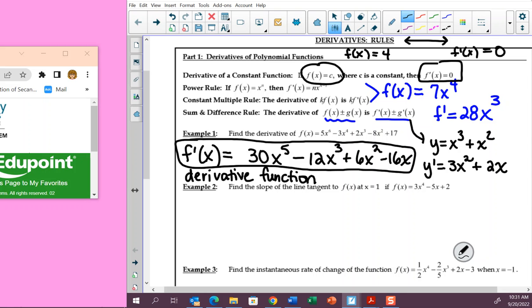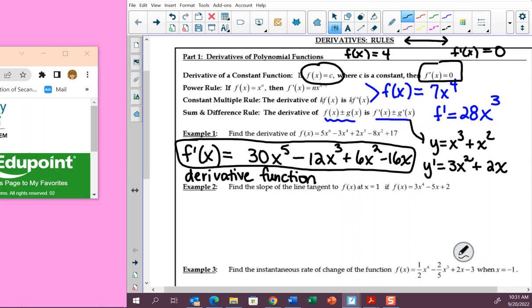Now, we're going to use the word derivative two different ways. Sometimes when we talk about the derivative, we'll be talking about the derivative function. If I give you a function in x, you can give me a derivative function related to that function also in x. So typically you know that that's what you're being asked to do.